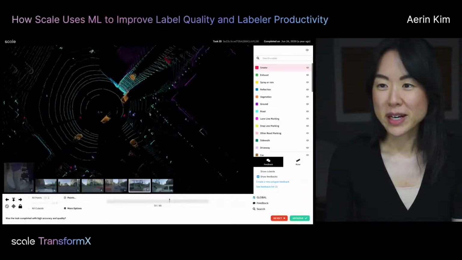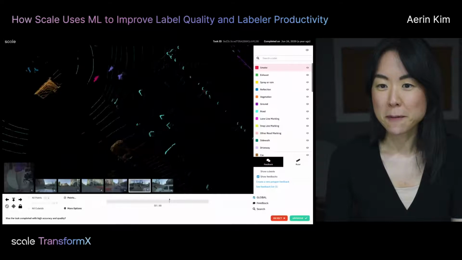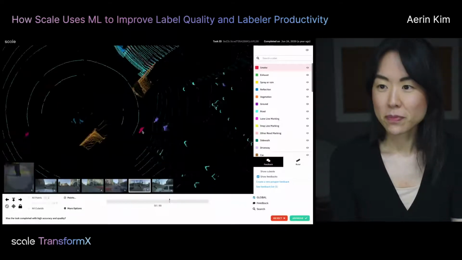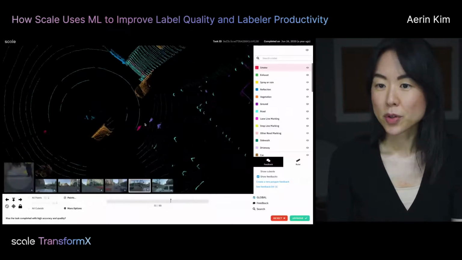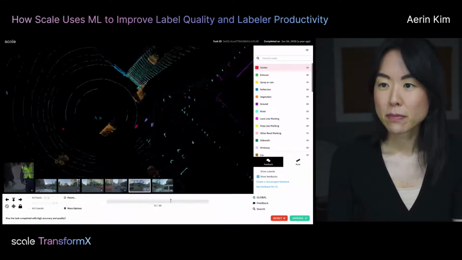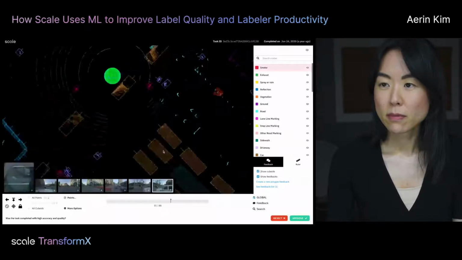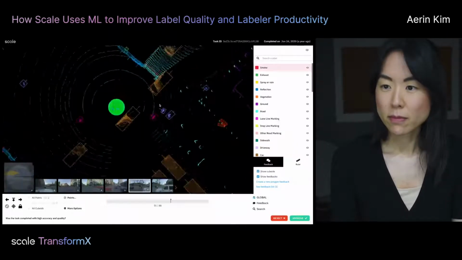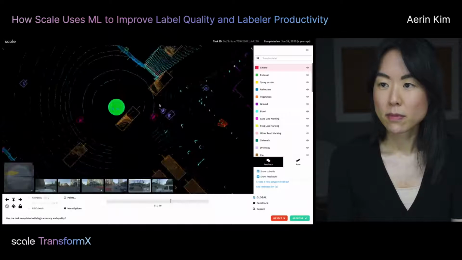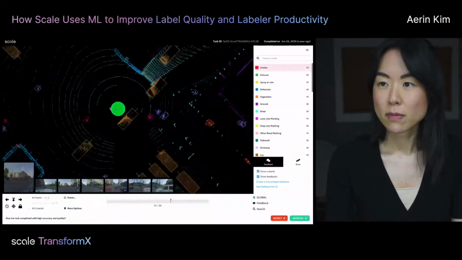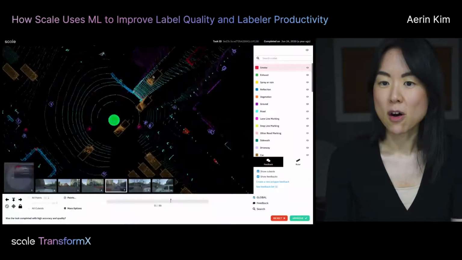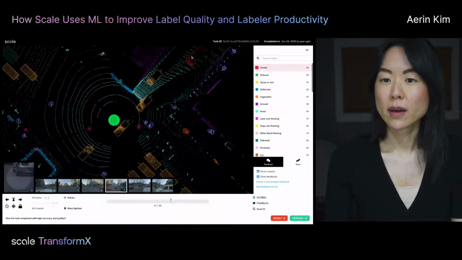And what's cooler is it's really fused. So if I show cuboids, yeah, if I hover over this car, I can see the back of the car and the back of the truck.